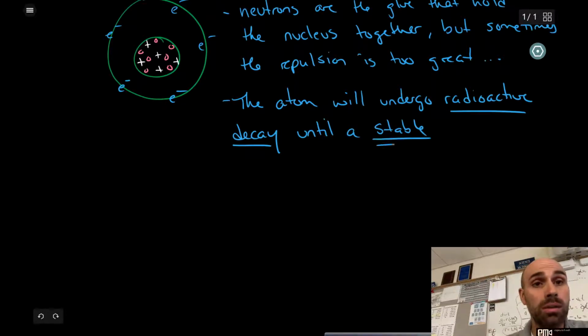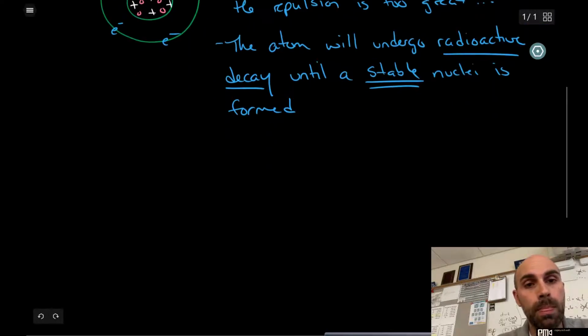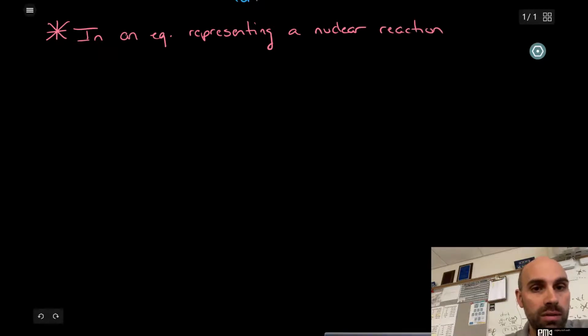So let's see. So it'll undergo radioactive decay until it becomes stable. And in most cases, a stable nuclei is one that is lighter than the original one. So, oh, it made a mistake there. No, it should have been in an equation. So EQ is the abbreviation for equation. So in an equation representing a nuclear reaction, there are two things you definitely want to always make sure of.